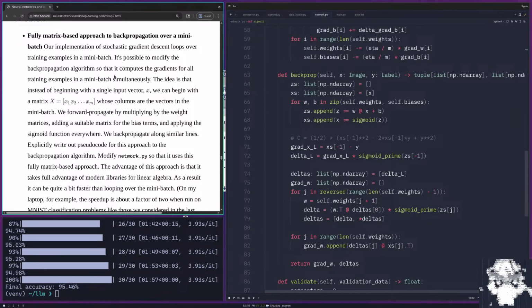The idea is that instead of beginning with a single input vector x, we can begin with a matrix X = [x1, x2, ..., xm], whose columns are the vectors in the mini-batch. We forward propagate by multiplying by the weight matrices, adding a suitable matrix for the bias term, and applying the sigmoid function everywhere.